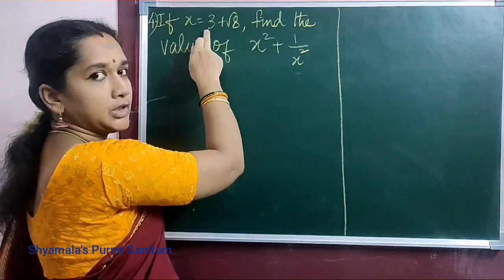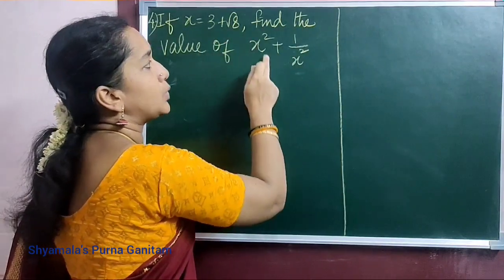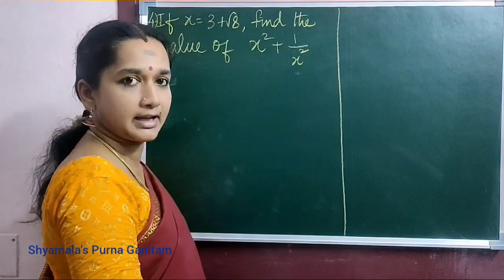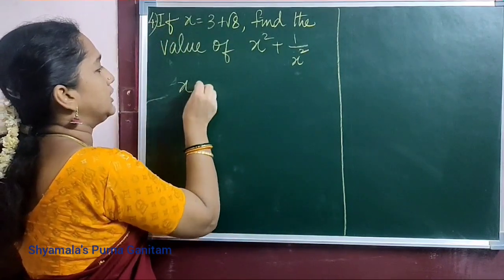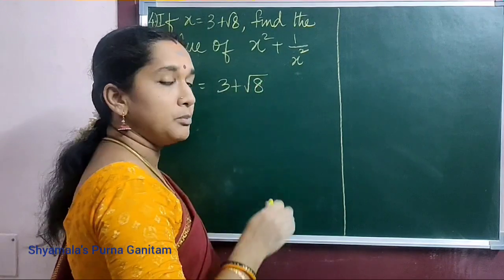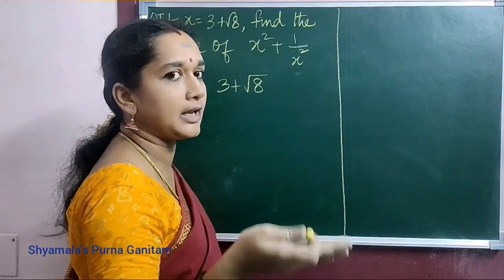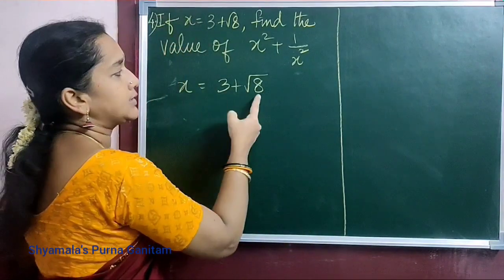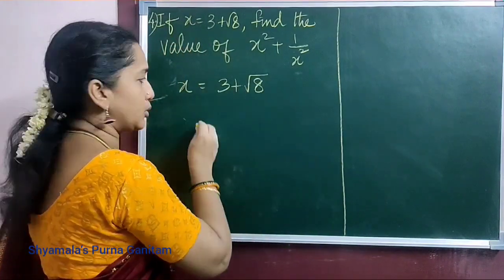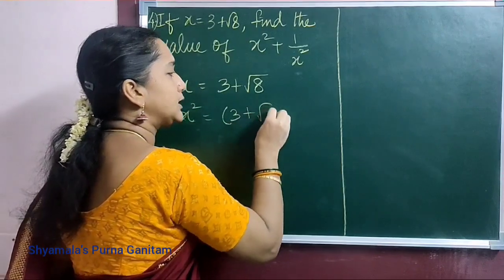If x is equal to 3 plus root 8, find the value of x squared plus 1 by x squared. So here in the question, x value is given as 3 plus root 8. Many methods are there to do the sum. This is one of the methods that I am explaining. So x is equal to 3 plus root 8. x squared is equal to the square of this.